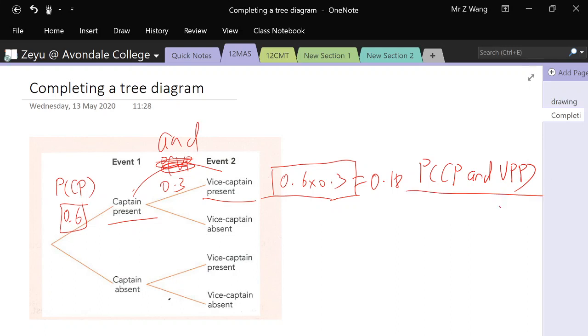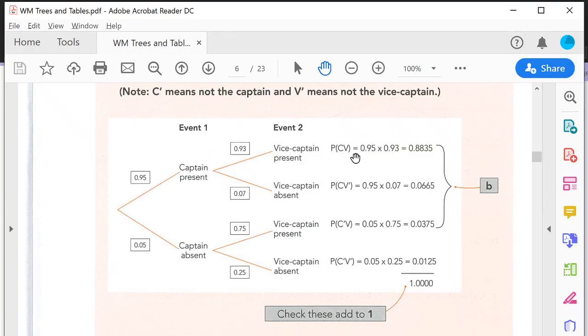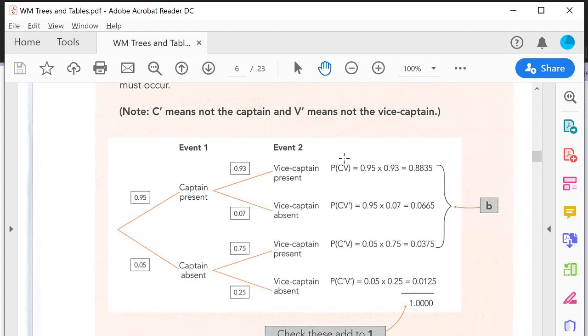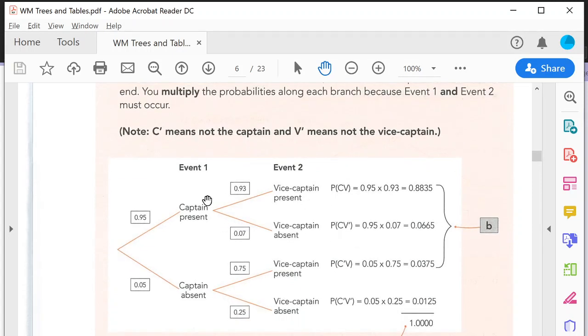That's what it means. So if you look back at the paragraph, this is why they use the notation PCV, because C means captain present, V means vice captain present. So that means both are present. You times them together. Does that make sense? Yeah.